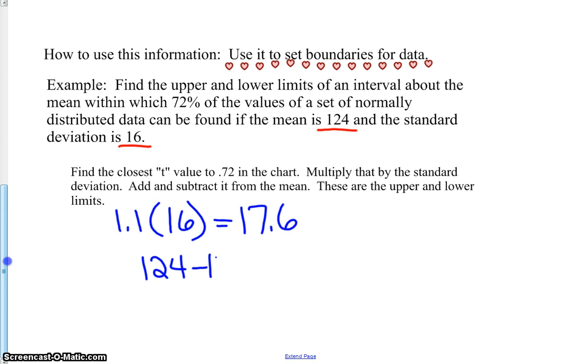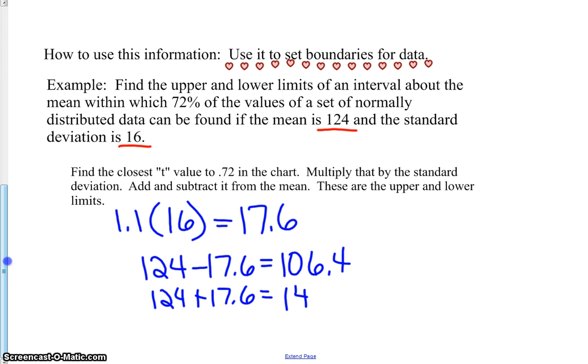So 124 minus 17.6 gives us one boundary of 106.4, and 124 plus 17.6 gives us our second boundary at 141.6.